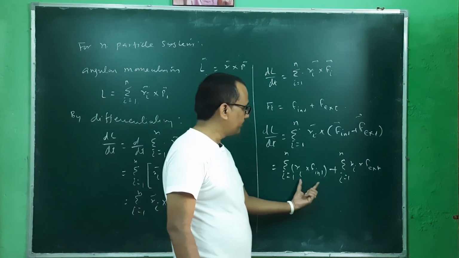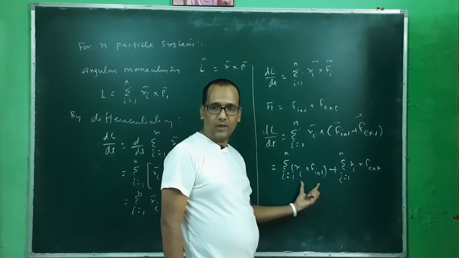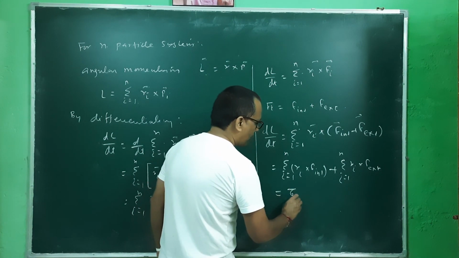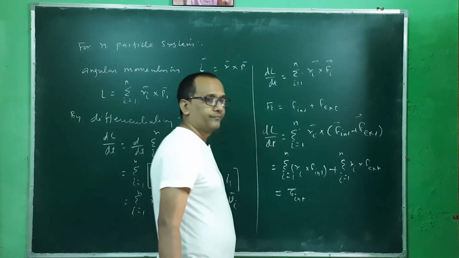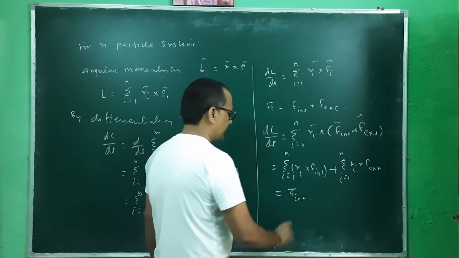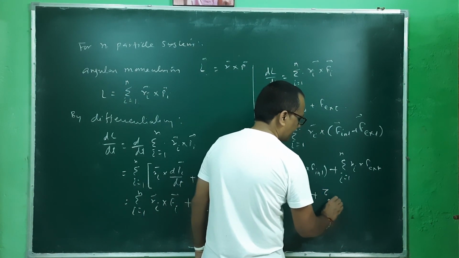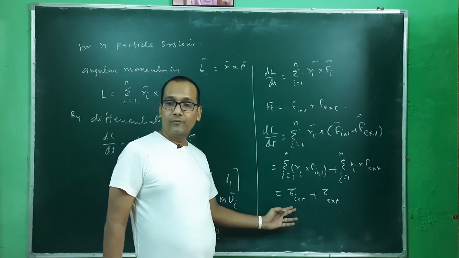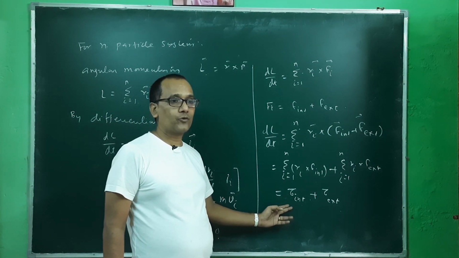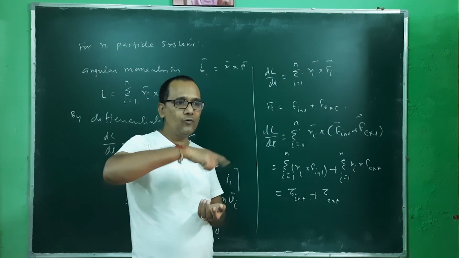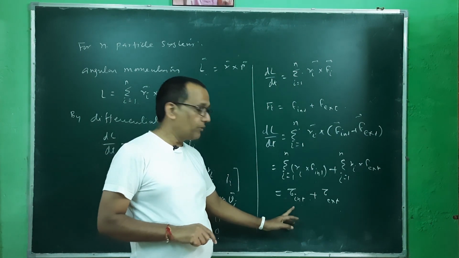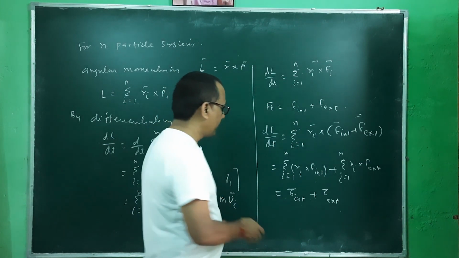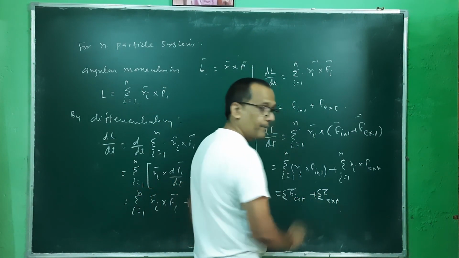This is the torque due to the internal force, so that is equivalent to tau internal, plus tau external. And as we have taken in the case of force, the total sum of internal force is 0. So the total sum of tau internal will be 0.